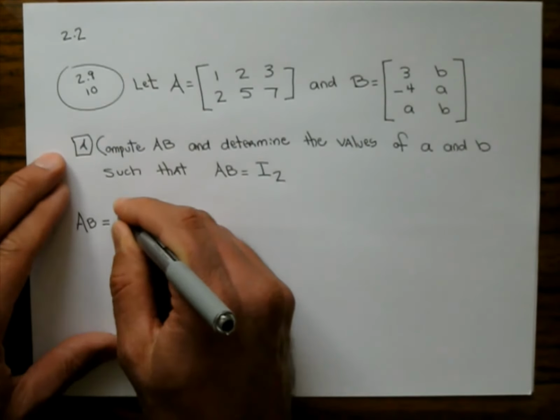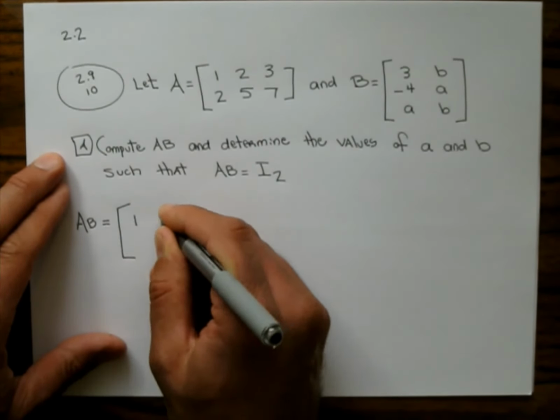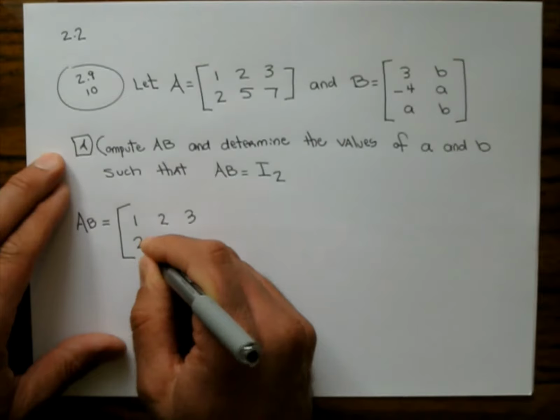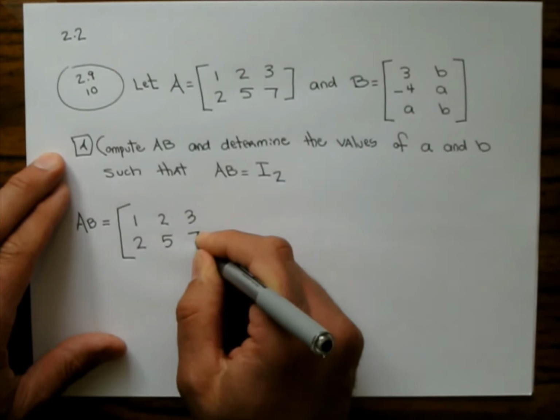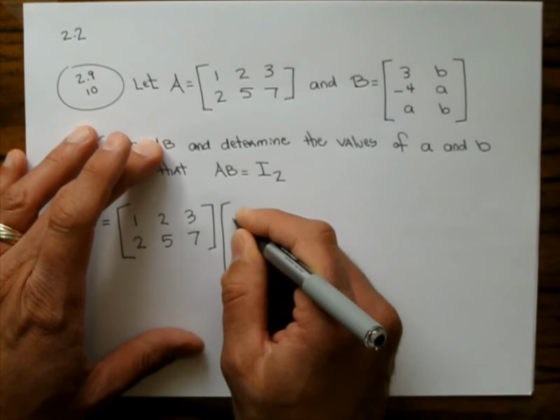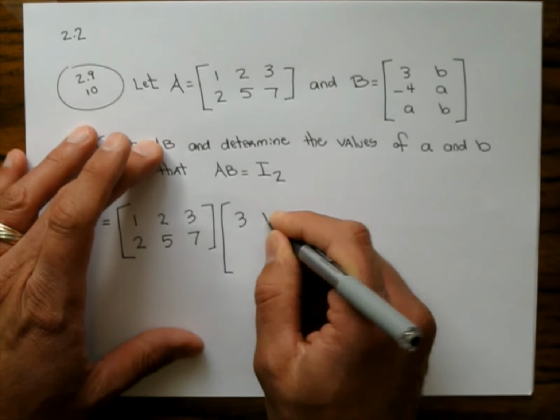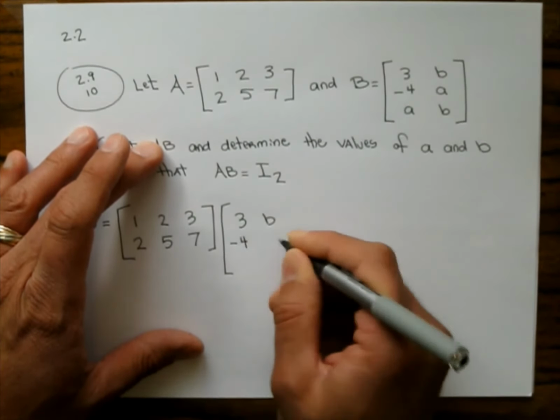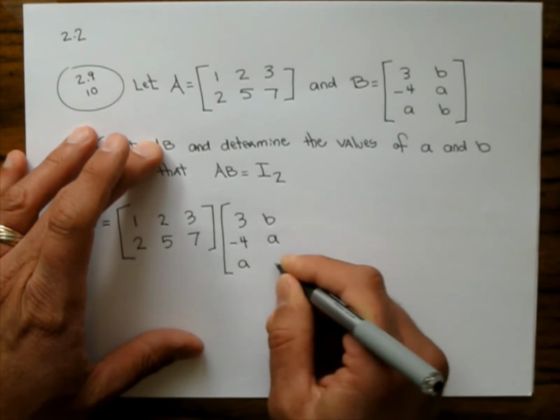Okay, let's write them out here. Here's A, 1, 2, 3, 2, 5, 7, and B looks like this: 3, b, -4, a.